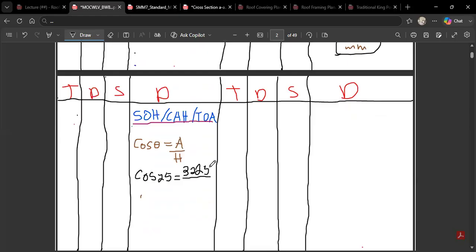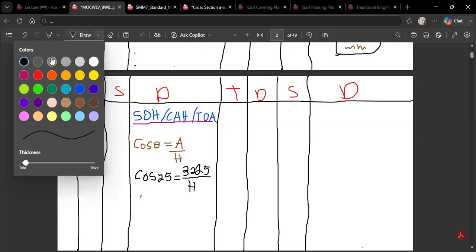After your calculation, what are you going to get? If you do the change of subject very well, you realize that your H is just going to be 3225 over cos 25. Because this is going to multiply this, and at the end of the day, if you make H the subject, you are going to get 3225 over cos 25. As simple as that.